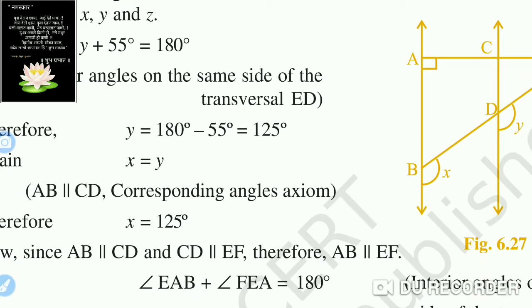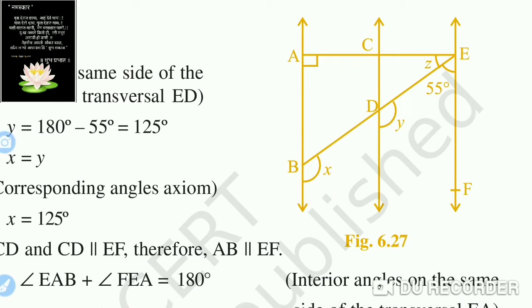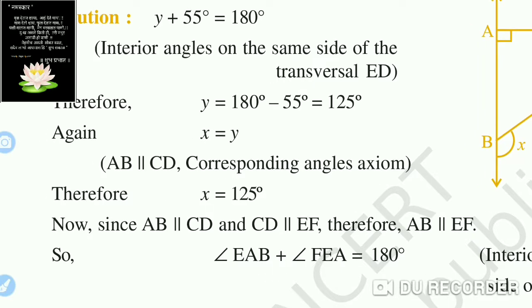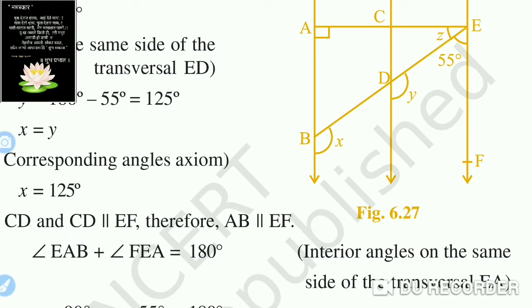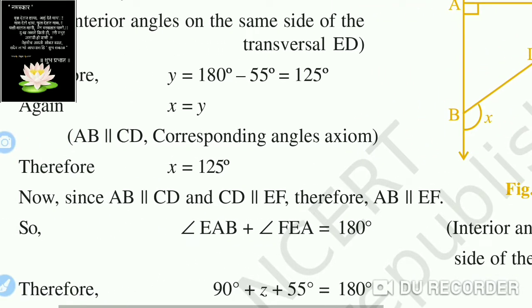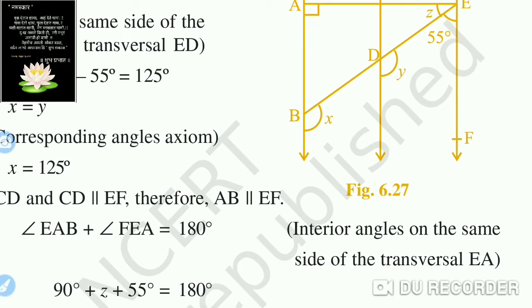So y is equal to 180 minus 55 degrees, 125. So we have got y as 125. x is also 125, because x and y are again corresponding angles. Now AB is parallel to CD, CD is parallel to EF, therefore AB is parallel to EF.